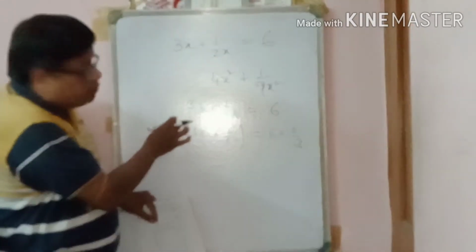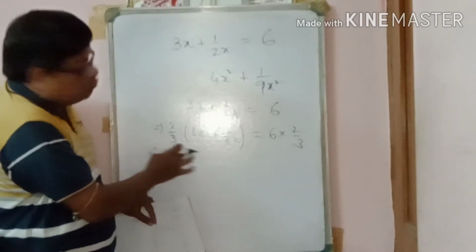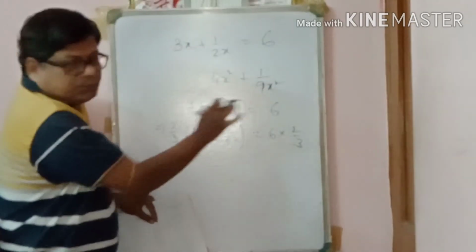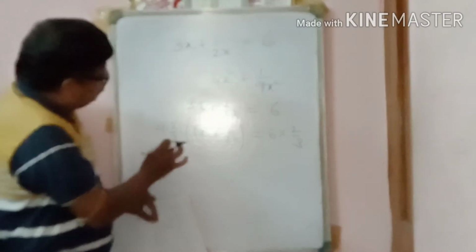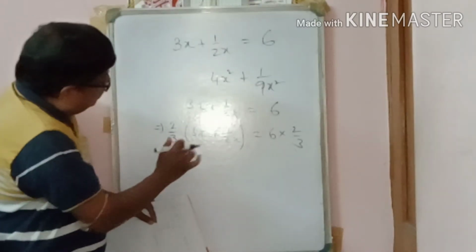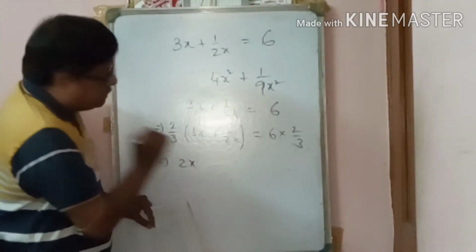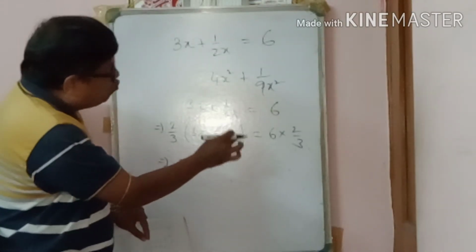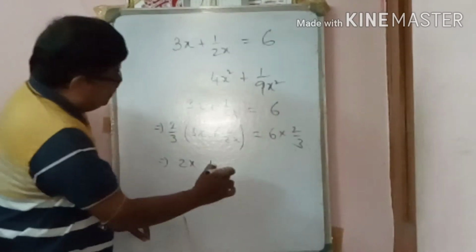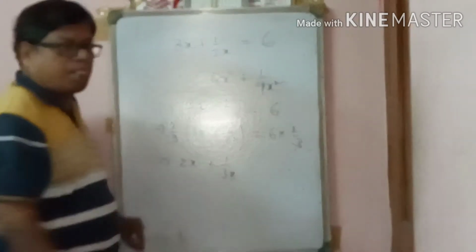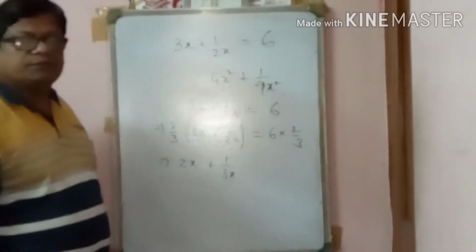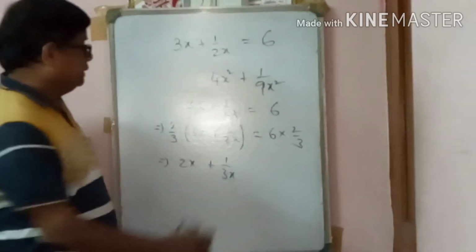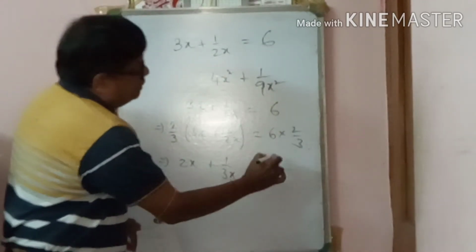So if we multiply 2 by 3 both the sides, 2 by 3 into 3x is 2x. Now 2 by 3 into 1 by 2x, the 2 cancels, so 1 by 3x. Equal to 4.